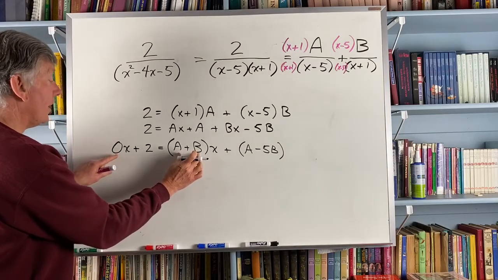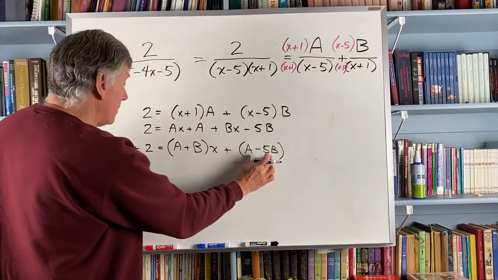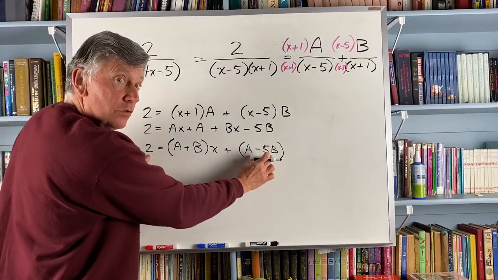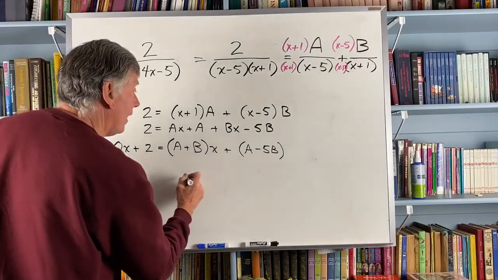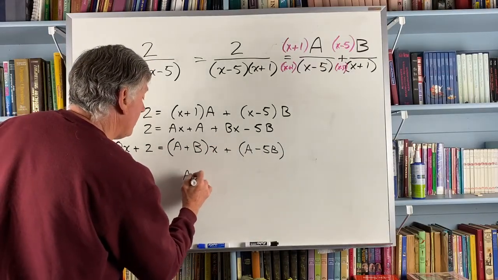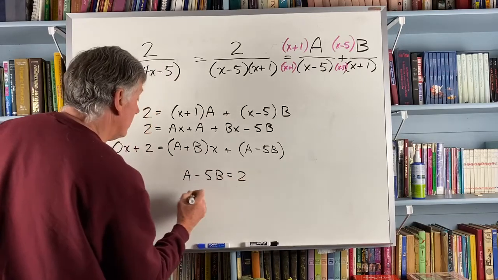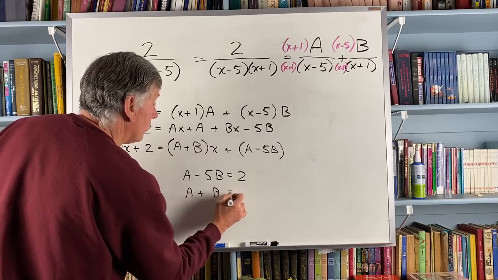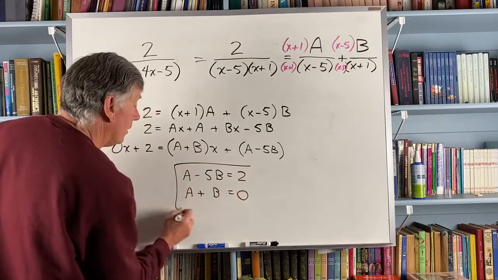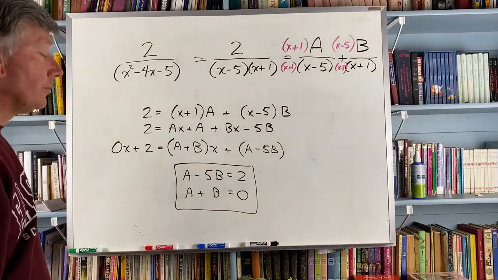A plus B then has to equal 0. A minus 5B then has to equal 2. And so I write up my system of equations that way. I have A minus 5B equals 2 and A plus B equals 0. There's my system. Now I'm going to solve it.